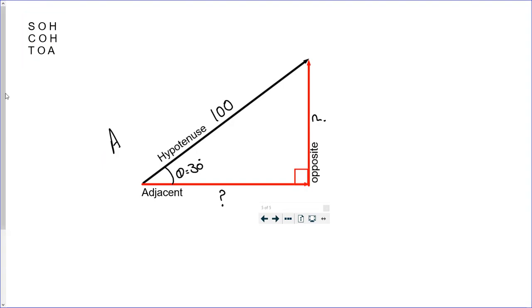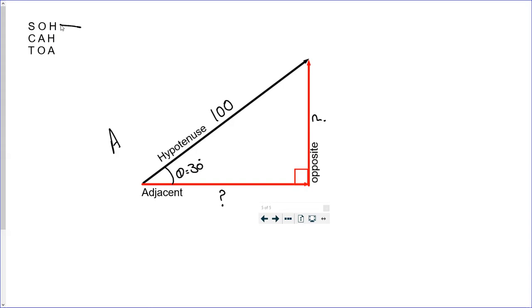Tanya, that answer is not right. Maybe your calculator is not in degrees. It may be in radians. Make sure your calculator is in degrees.